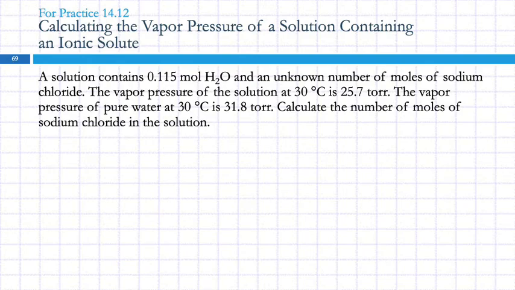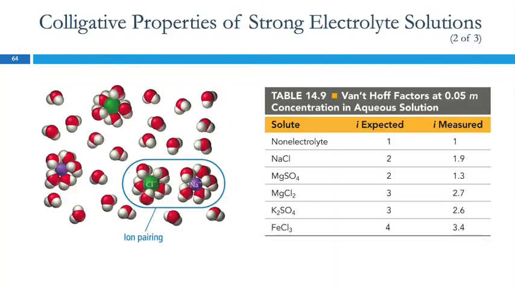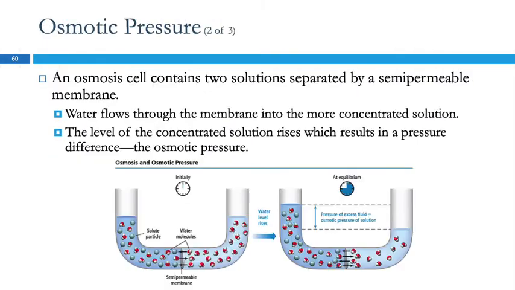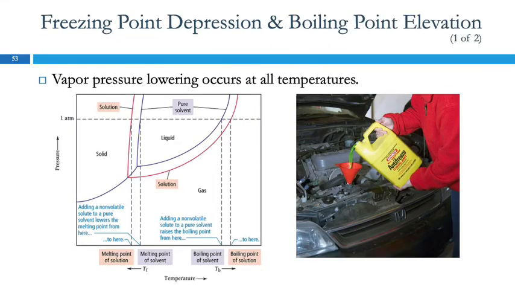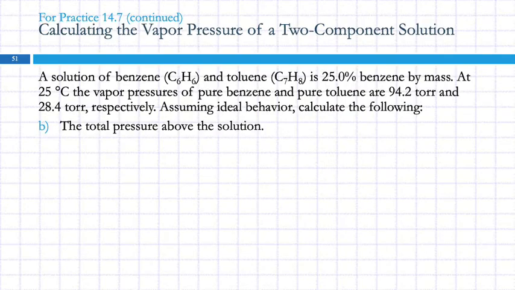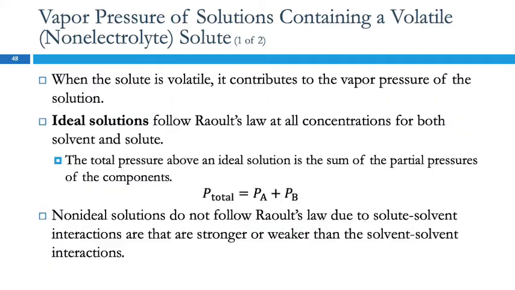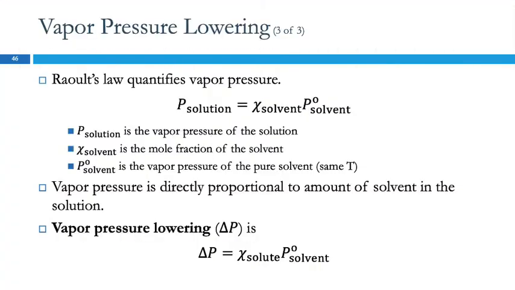So there were actually two different equations. Let's just go back there real quick. Okay. So this is Raoult's law. The vapor pressure of the solution is equal to the mole fraction of the solvent times the vapor pressure of the pure solvent.